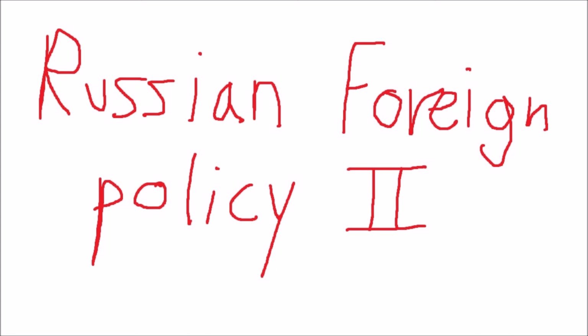with the collapse of the Soviet Union, the animosity that existed between the Soviet Union and Western powers very quickly gave way to a very positive relationship between the government of Russia and Western powers.